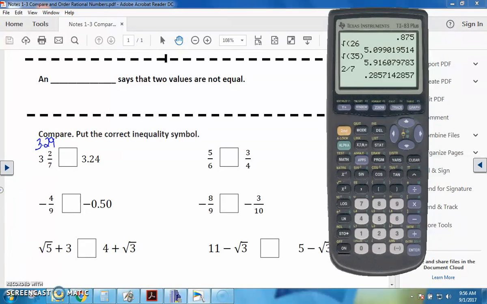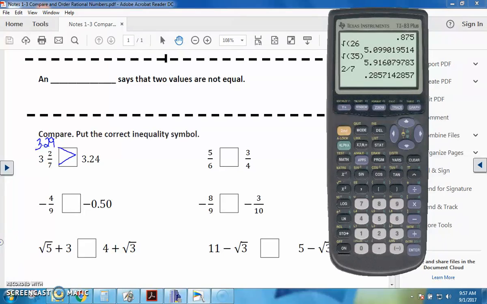So right now, $3.29, $3.24. Which one's larger? So $3.29 is larger than $3.24. The gator is going to eat the largest number.